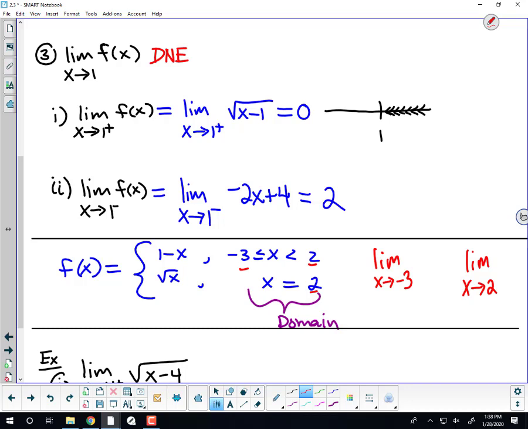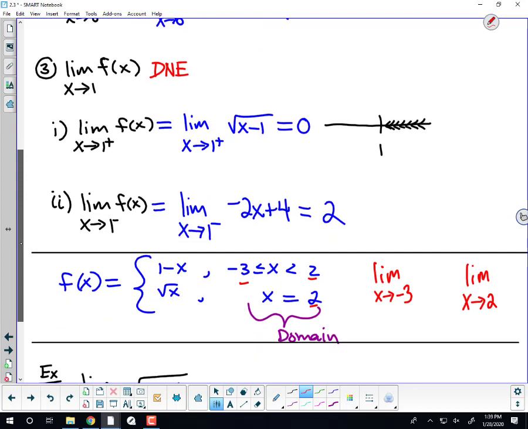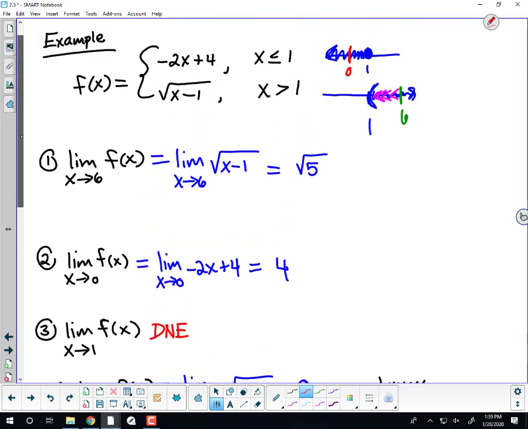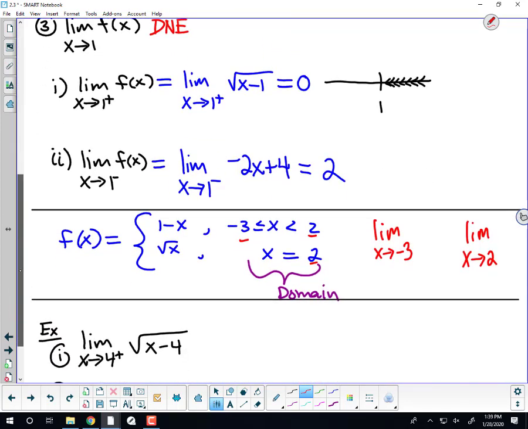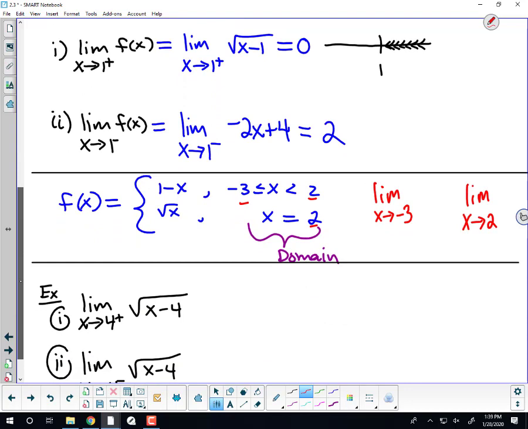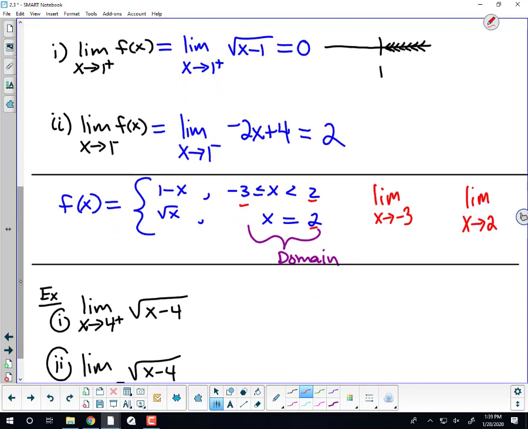Remember, last class we said that all linear functions and all polynomial functions we could evaluate just by directly plugging that value in. But even if both pieces of your piecewise function are lines, you can't do that, because it doesn't represent a fully connected line.